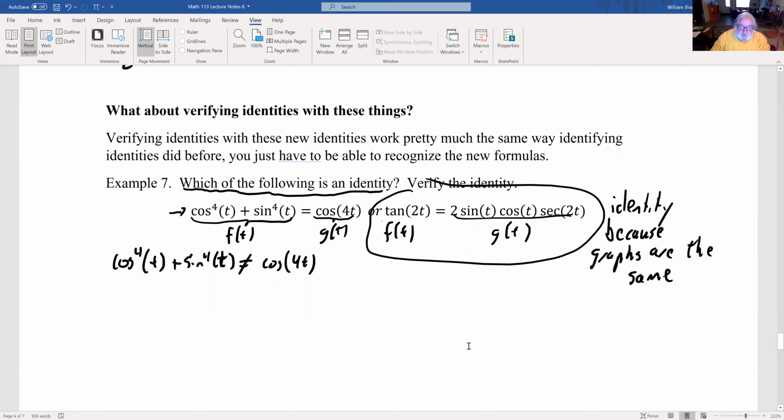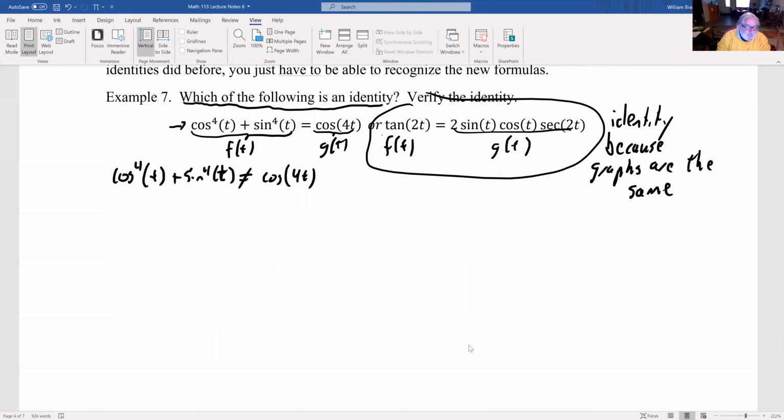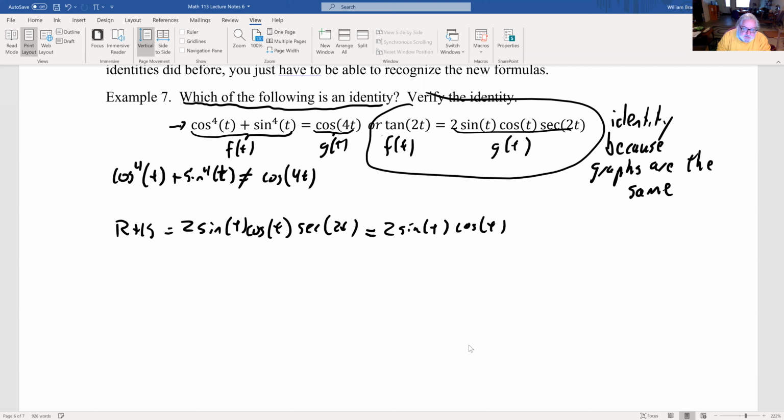So we can actually verify that? Well, sure. The right-hand side is equal to 2 sine t cosine t secant of 2t. Secant of 2t we know is 1 over cosine, so this becomes 2 sine of t cosine t over cosine of 2t. Note we can't have any cancellation between these two because they have different angles.